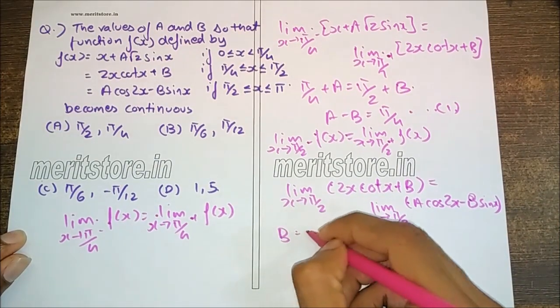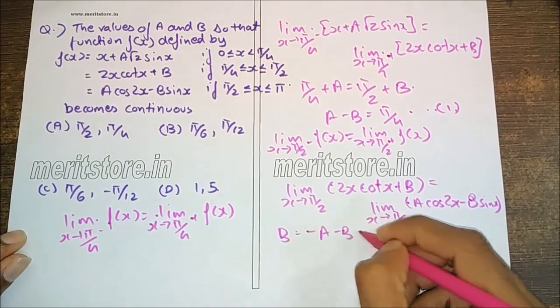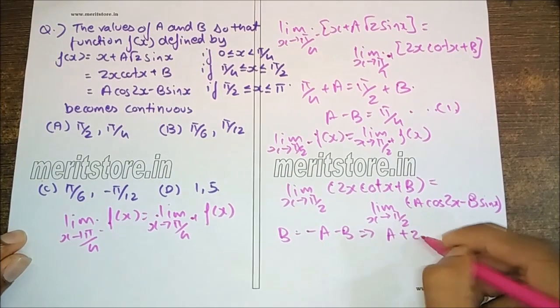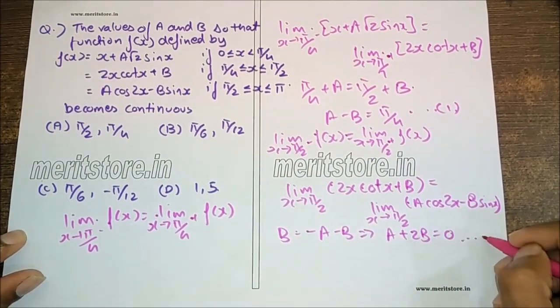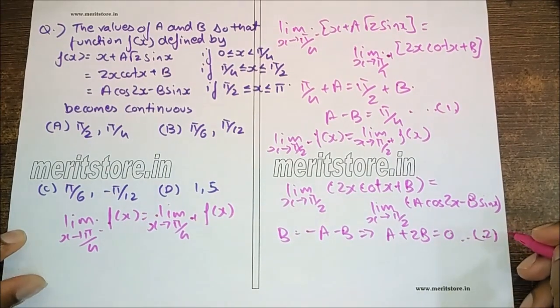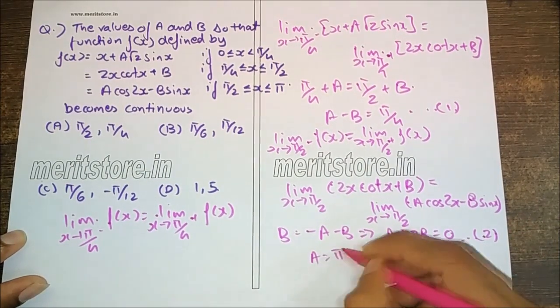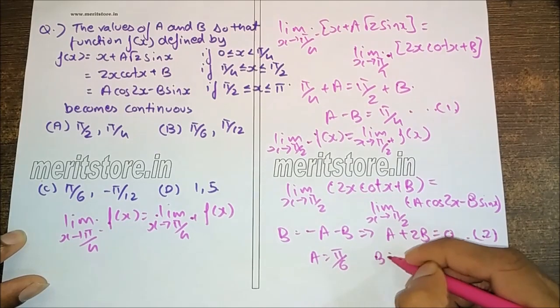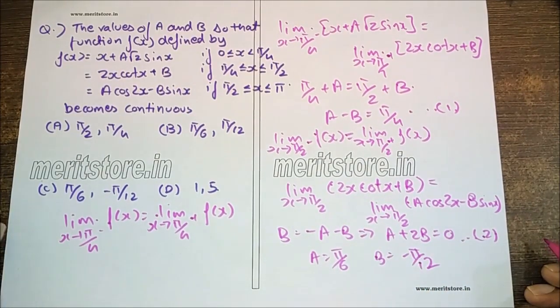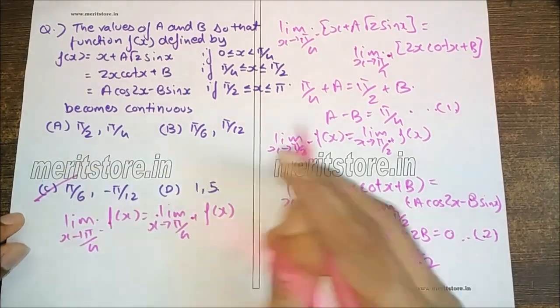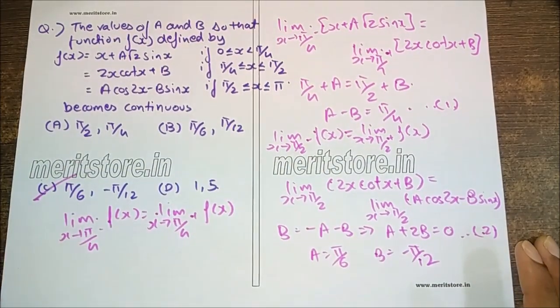Therefore we get b equal to minus a minus b. We get a plus 2b equal to 0. Let this be equation 2. So by solving 1 and 2, we get a is equal to pi by 6 and b is equal to minus pi by 12, which matches option C. Therefore option C is the correct answer.